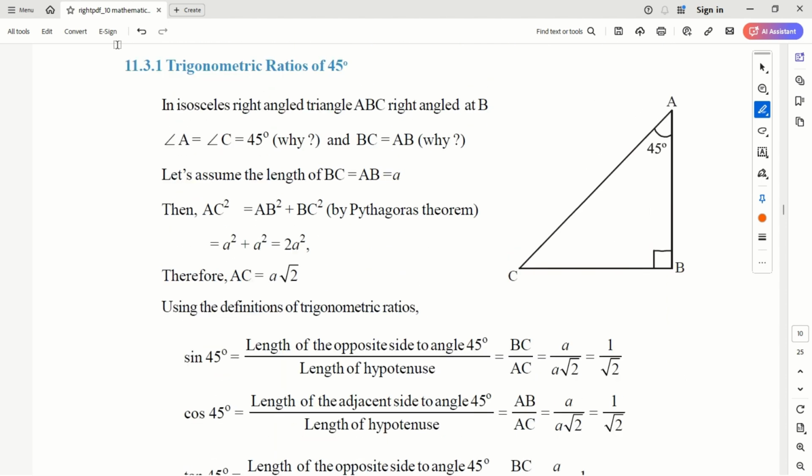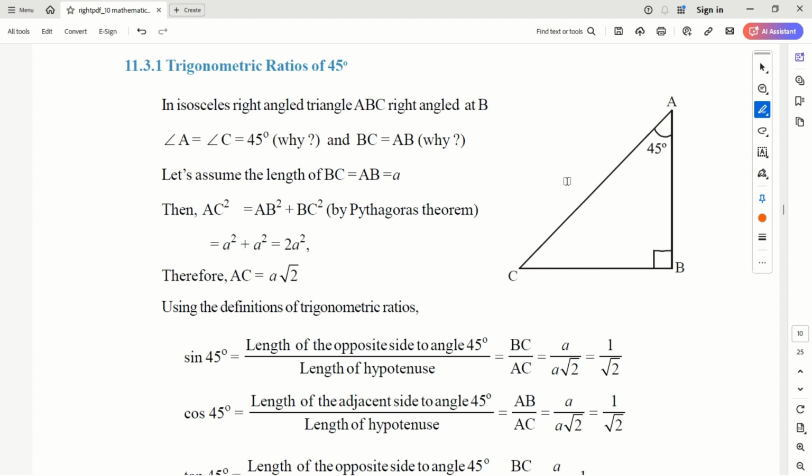First, let's go with the easiest one, which is 45 degrees. If you build a right angle triangle with 45 degrees, you will have an isosceles right angle triangle, where the adjacent and opposite sides are both 1, and the hypotenuse is square root of 2, right? So sine 45 is opposite by hypotenuse, so 1 by square root of 2.